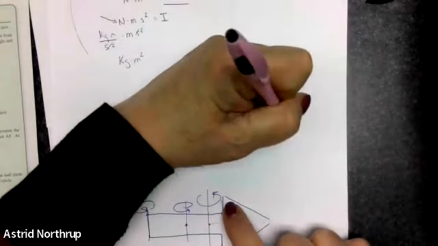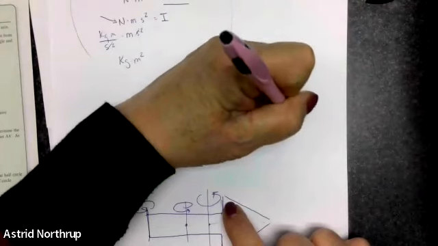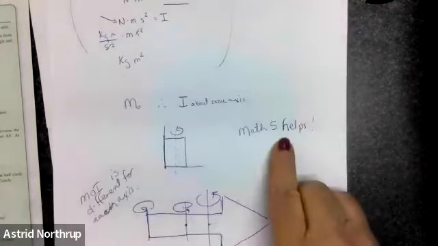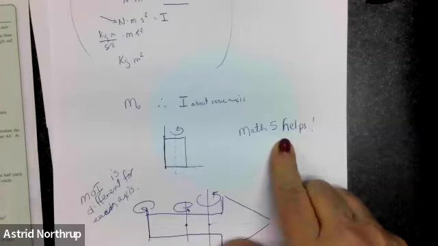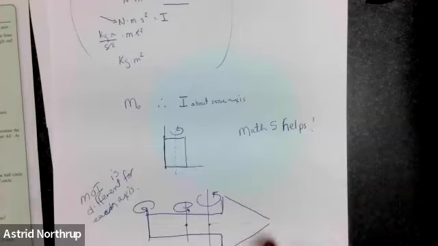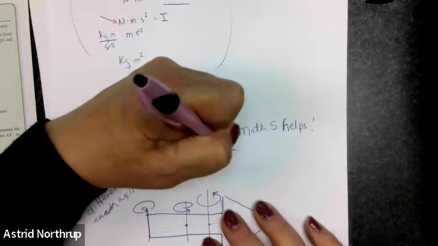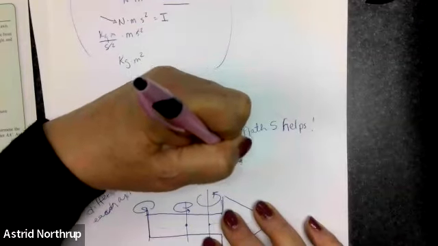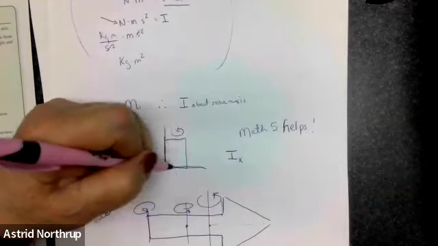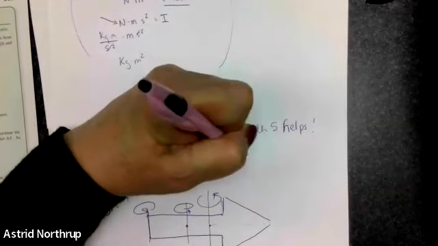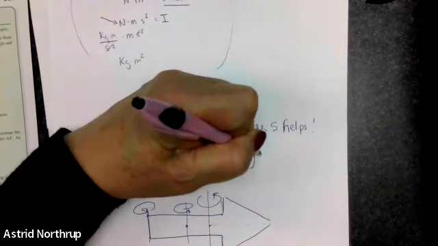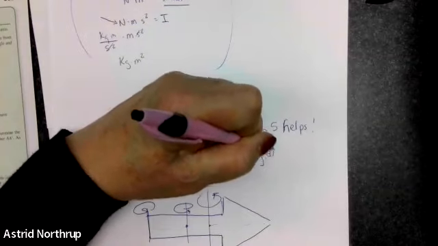Now, here's a place where the math from chapter 5 will help us with the math from chapter 9, because it looks very much the same. As I said, a moment of inertia is primarily a mathematical concept, and it turns out that I about an x directional axis like this is going to equal the integral of y squared dA.